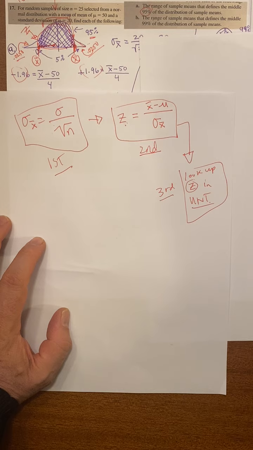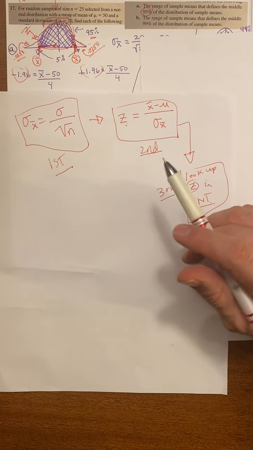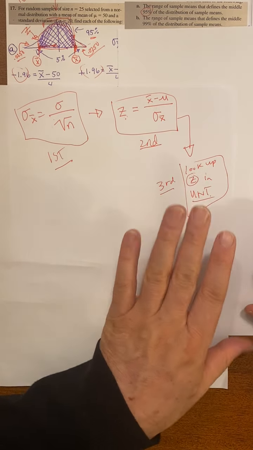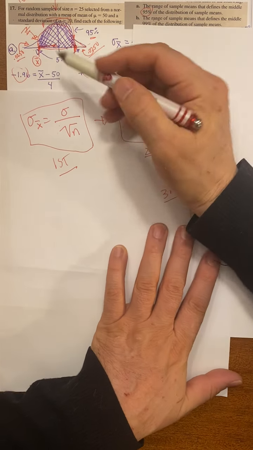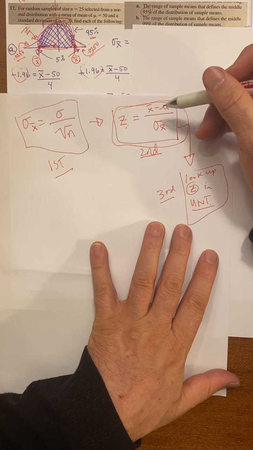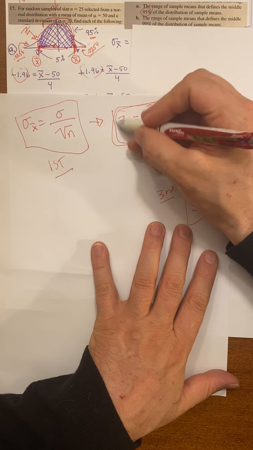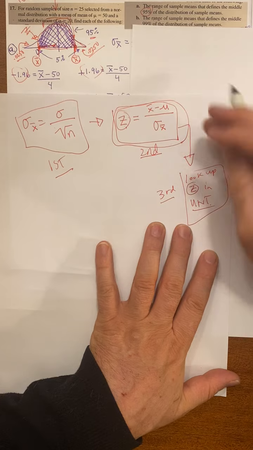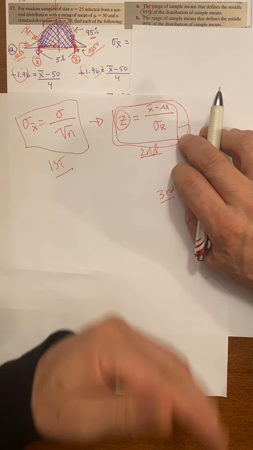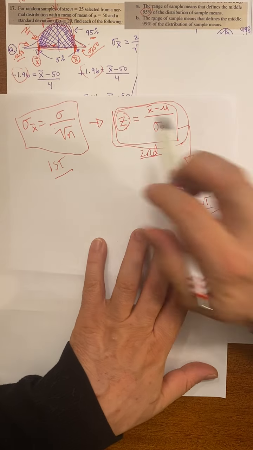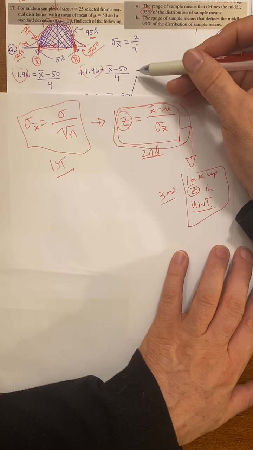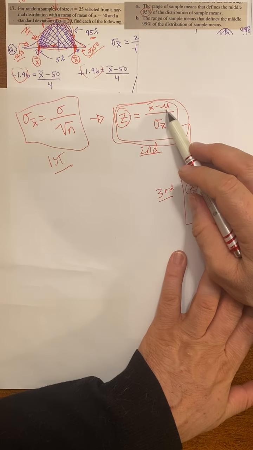Okay, so now at this point, we have a z, or at least the beginnings of a z equation, right? How do we have the beginnings? We know what the z is. Now, we need to look at, well, what other information do we have here? Well, we also know what our population mean is.